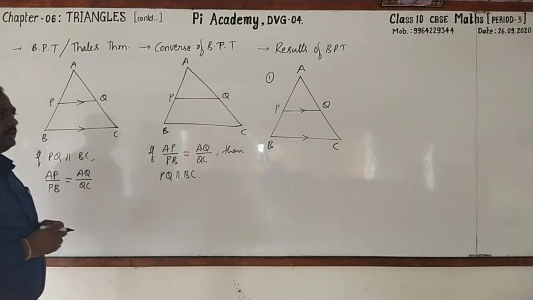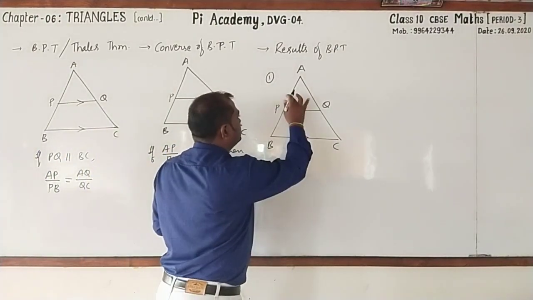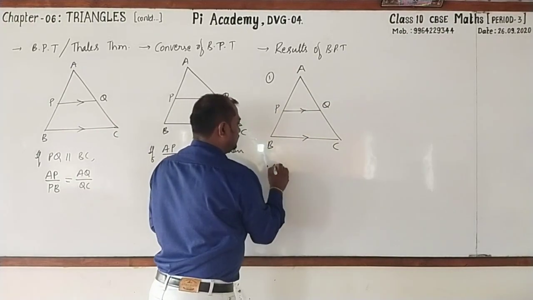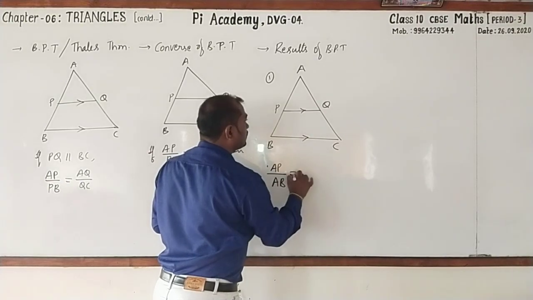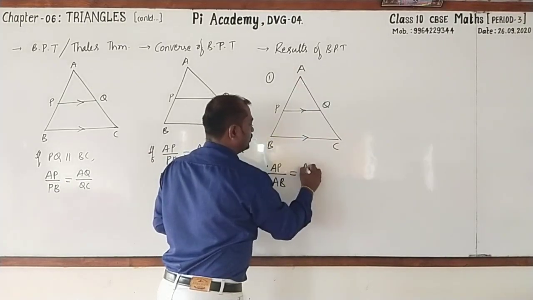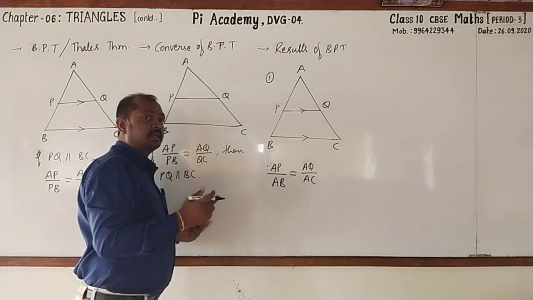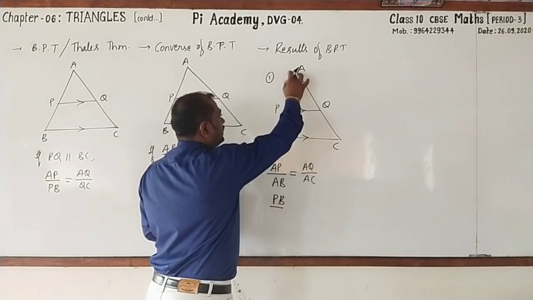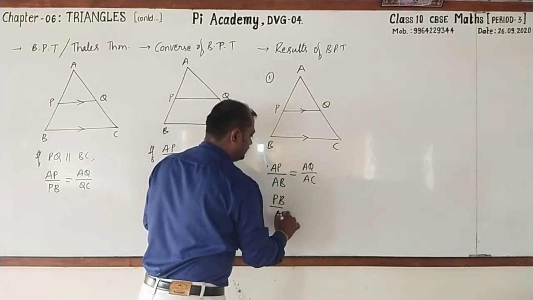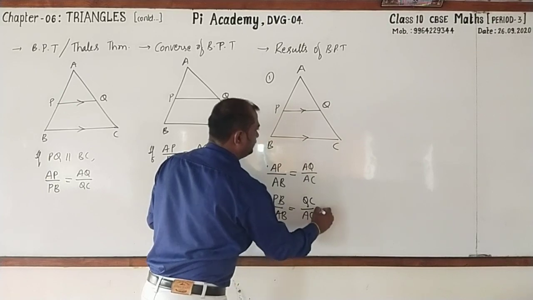That is BPT. And the results are, one is AP by AB is equal to AQ by AC, right? And the second result is PB by AB is equal to QC by AC.